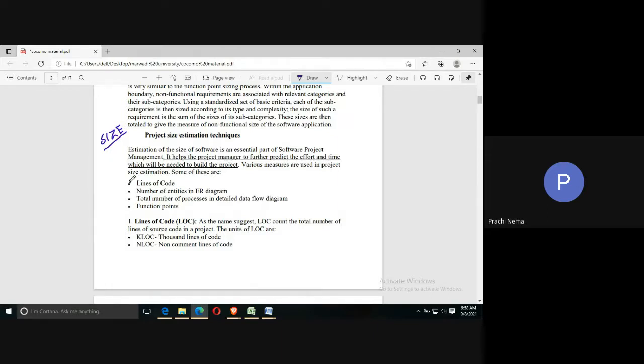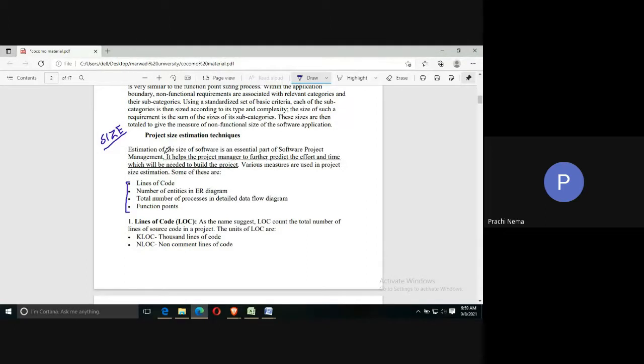So, for estimation of size, for judging the size or to predict the size of the software, there are four techniques. Before studying these four techniques, you should know why we need to predict the size. I have told you already, predicting the size or estimating the size will help the project manager to further predict the effort and time which will be needed to build the project.